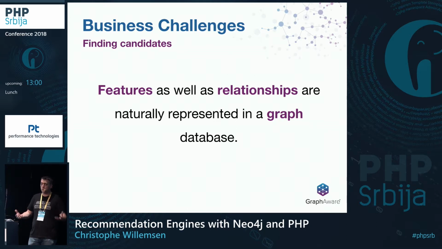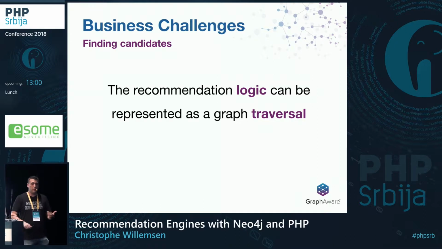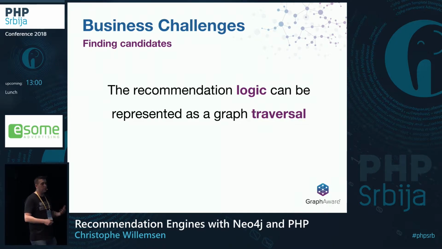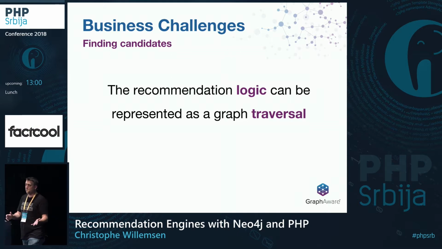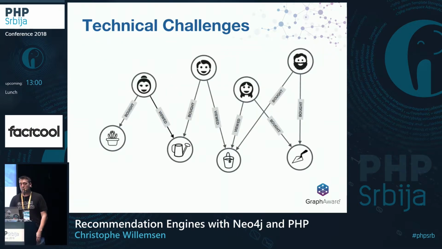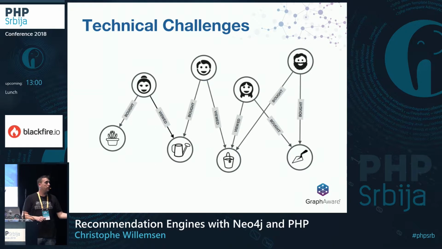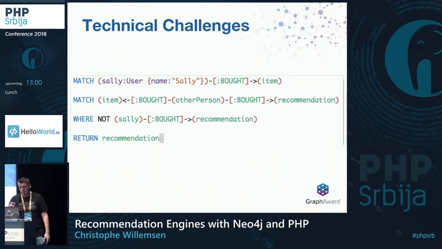So it is really natural. And the recommendation logic can be represented as graph traversals. So we will see later, for example, I have this use case, people viewed on the website some items or bought some items. It really makes sense. It is really natural to automatically detect how to serve recommendations to the user.